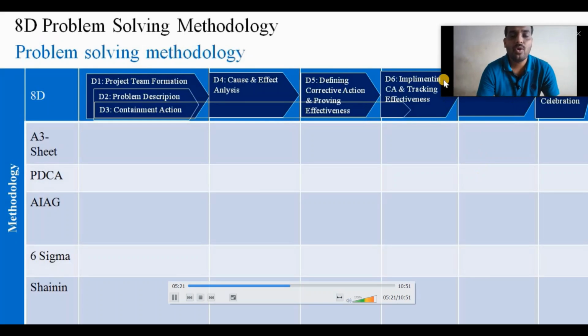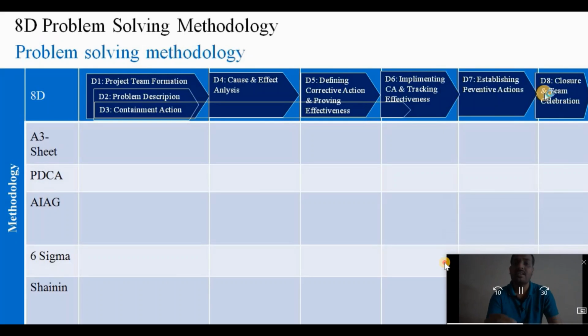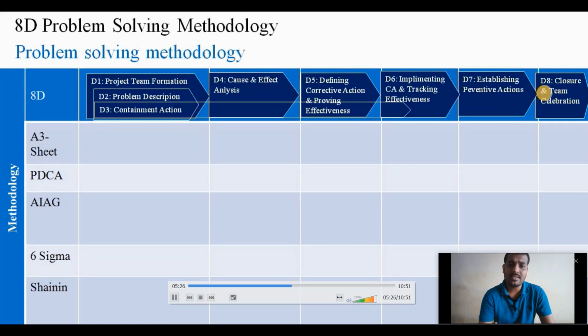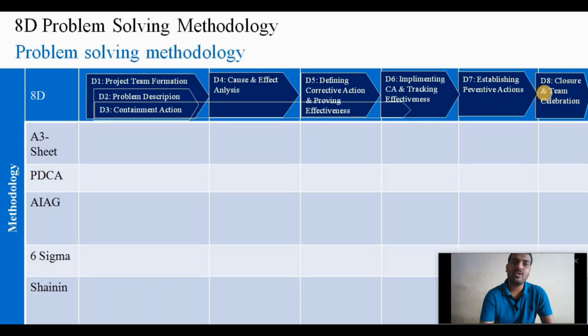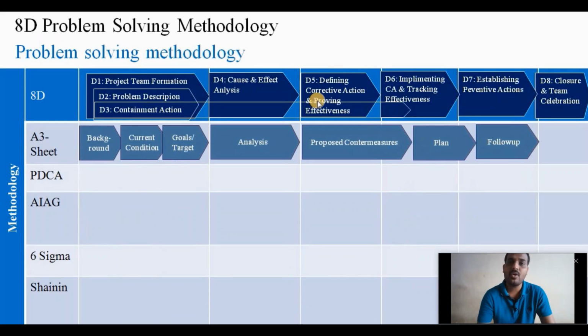Okay, now we will see the A3 sheet. This A3 sheet consists of 7 phases, starting from the background. In this background, the reason for the problem selection is mentioned, why we are going to select this problem as a project. For example, internal defect cost reduction, or OEE improvement project, that is overall equipment efficiency improvement, or quick changeover, QCO projects.